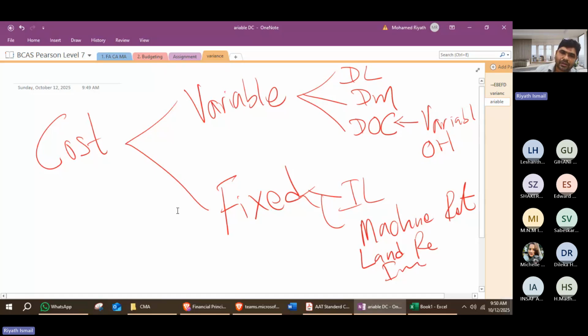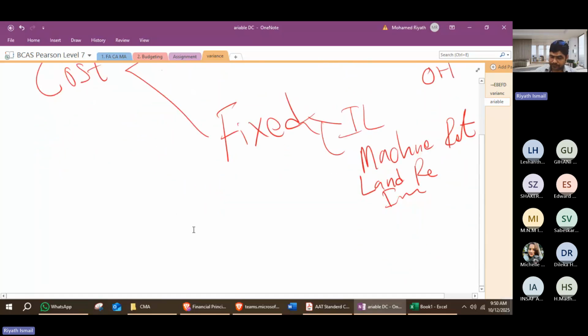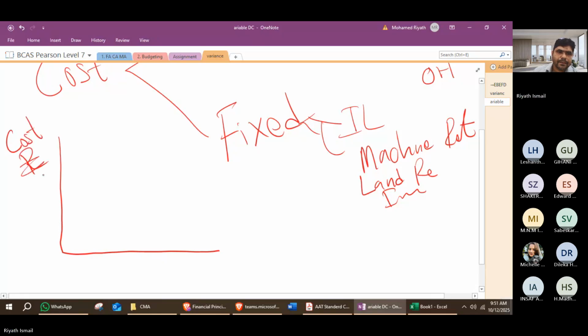When you look at the behavior of this cost with regard to production, this is the cost in terms of rupees, and this is the number of units, the quantity of output. So there will be two costs. One is fixed cost, say 10,000.